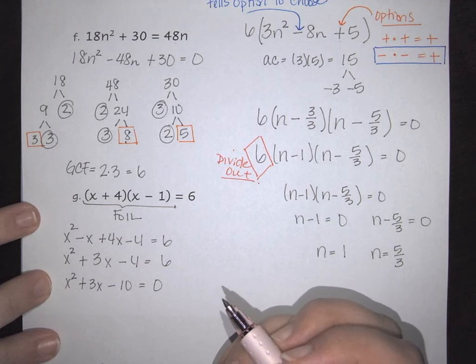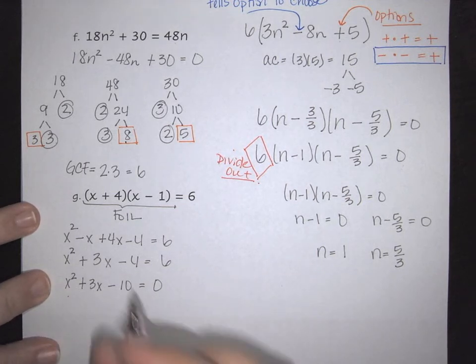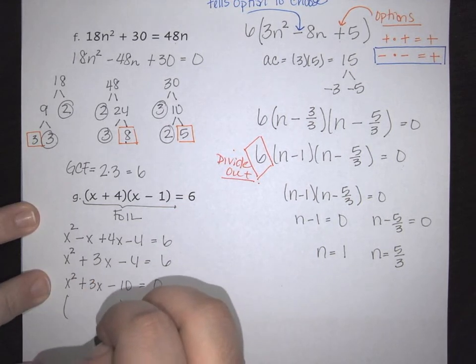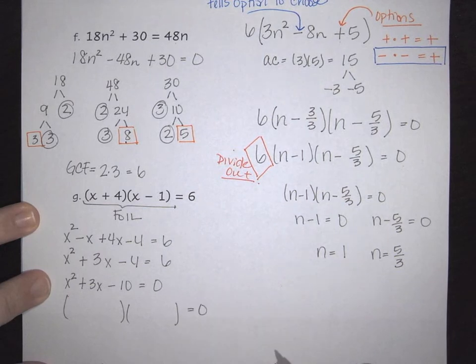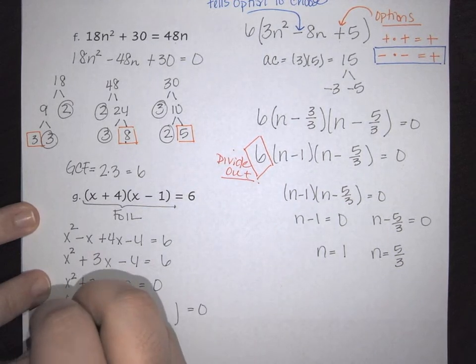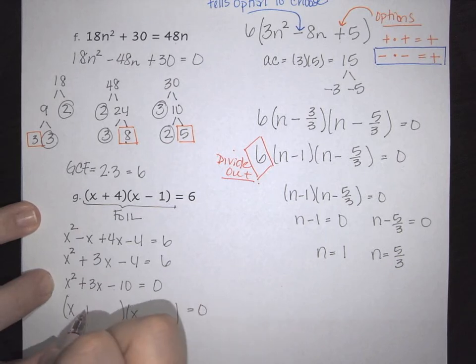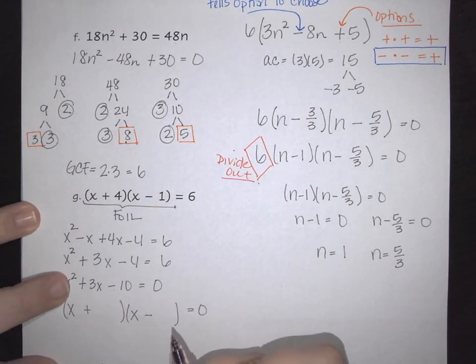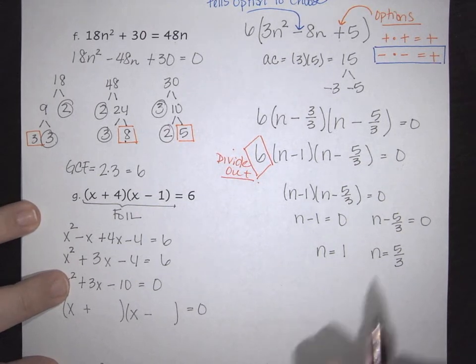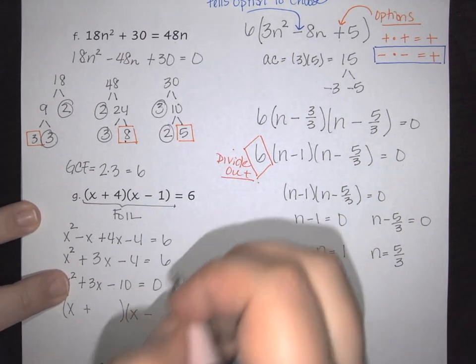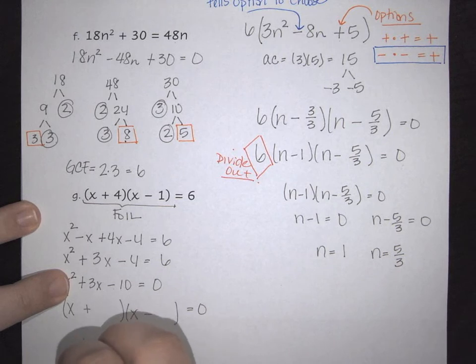In this case, I hold a coefficient of 1, so I can now reduce or reverse that FOIL. X squared breaks into x and x. My back term is negative, so I have one positive, one negative. My middle term is 3. I need to look at factors of 10. So when I look at 10, I have 1 and 10.